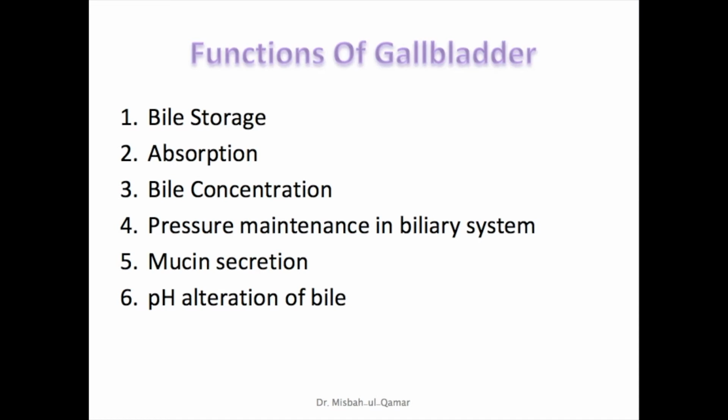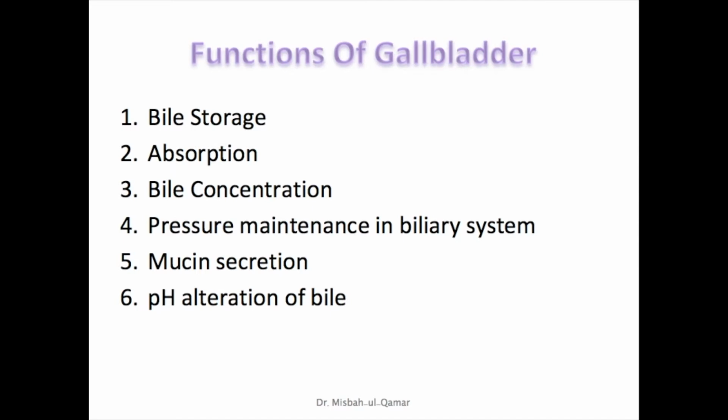Now, here is the list of functions of the gallbladder, which include, as you can see, the storage of bile, mucosal absorption, then the concentration of bile constituents, also the maintenance of pressure in the biliary system.